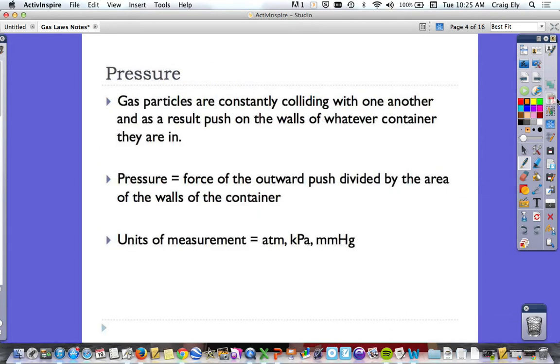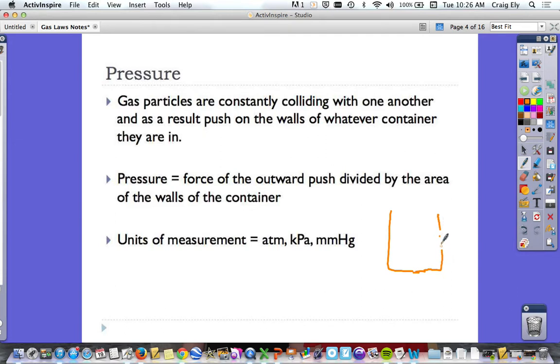Let's talk about what pressure is, because we haven't really talked about pressure yet. The definition of pressure is the force of the outward push divided by the area of the walls of the container. Let's just imagine you've got a container here that is full of particles. Technology is great when it works.